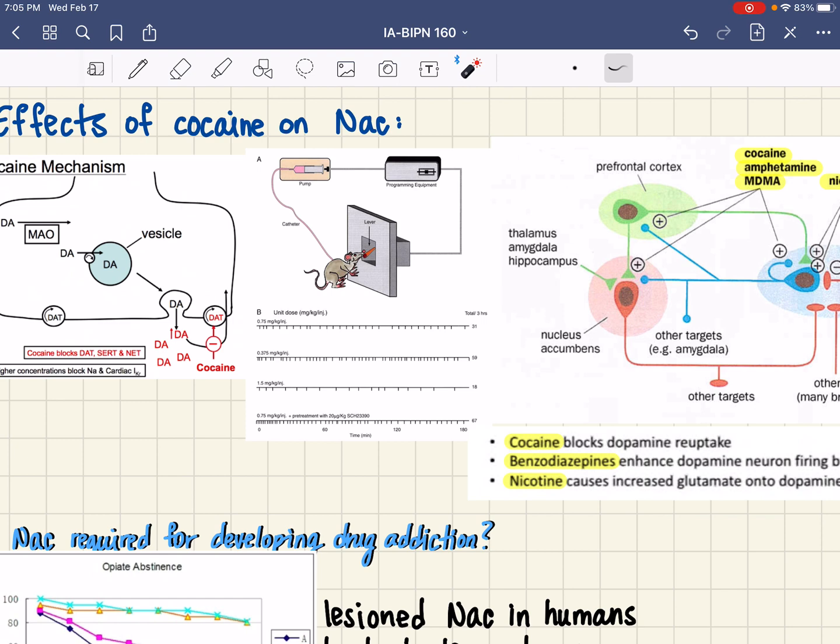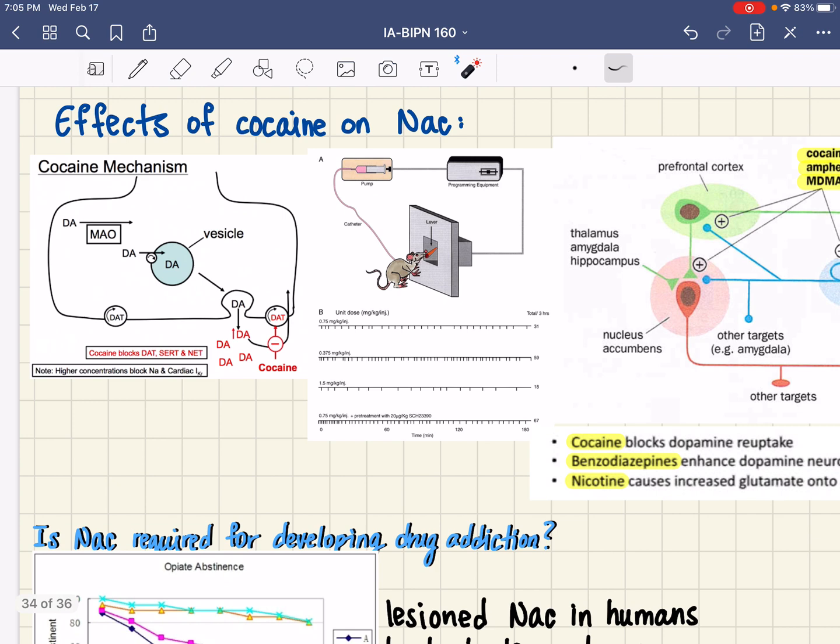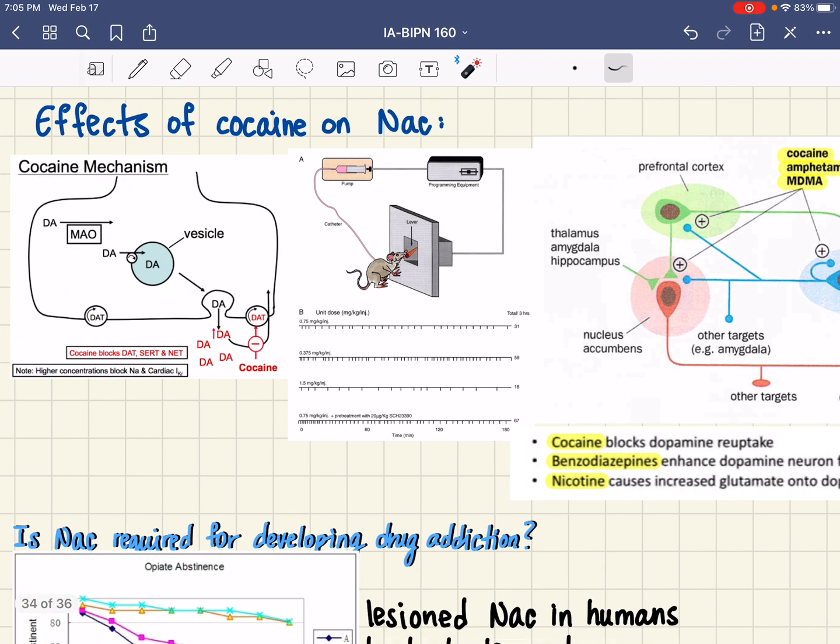And then in this last portion, they gave the mouse a molecule that blocks the dopamine receptors in the nucleus accumbens. Imagine if those dopamine receptors are blocked, then this dopamine will not have an available receptor to attach to. So it doesn't matter how many times the mouse pushes this lever.